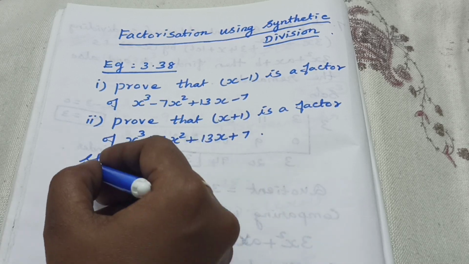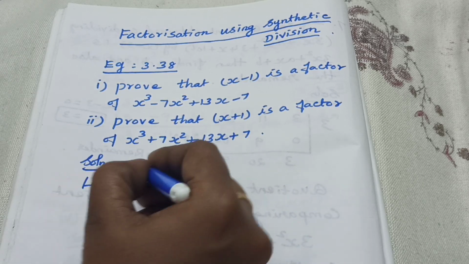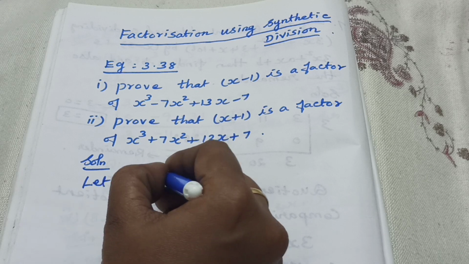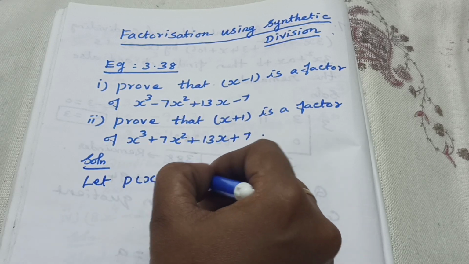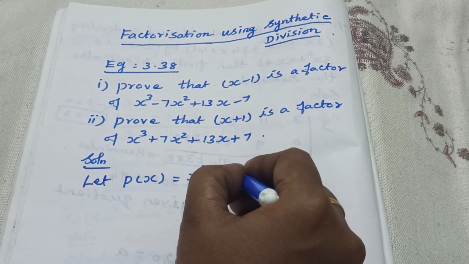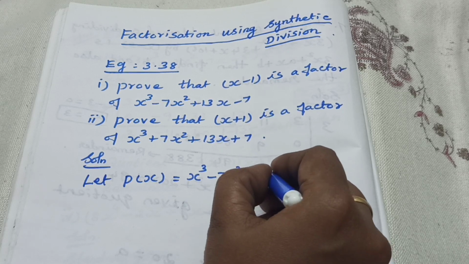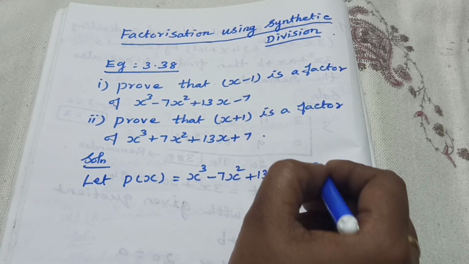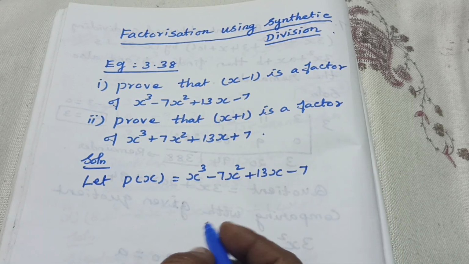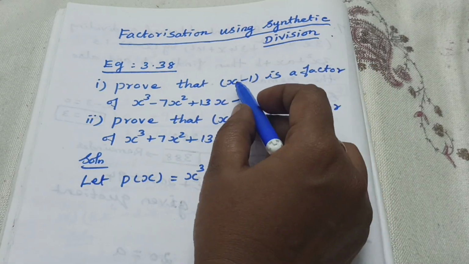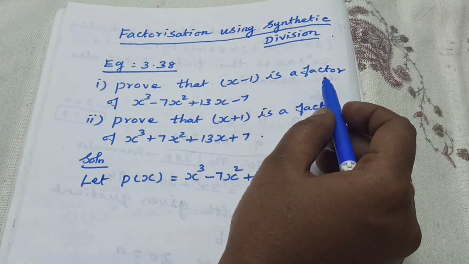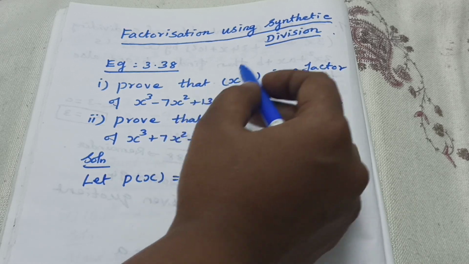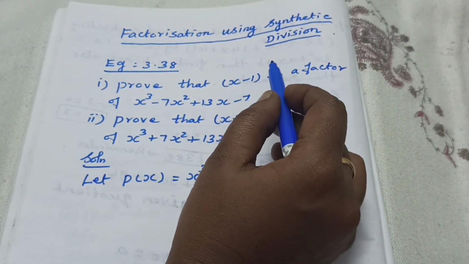First we take p of x equal to x cube minus 7x square plus 13x minus 7. Here, we want to prove that x minus 1 is a factor.